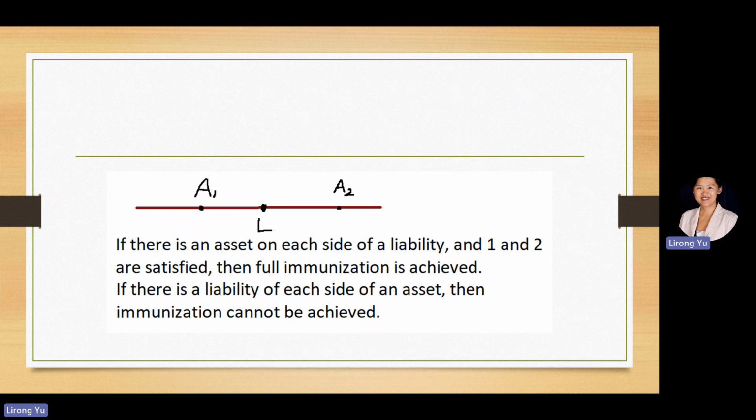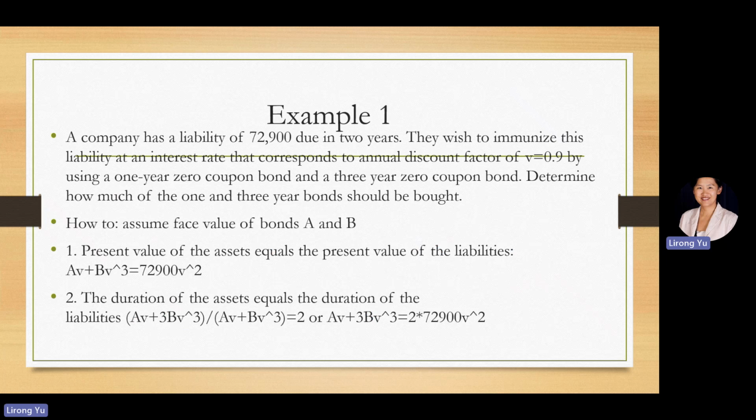If there is a liability on each side of the asset, then immunization cannot be achieved. Basically, we can have assets on both sides of the liability, which is what we are doing. The liability is at time 2, and the assets are at time 1 and time 3.